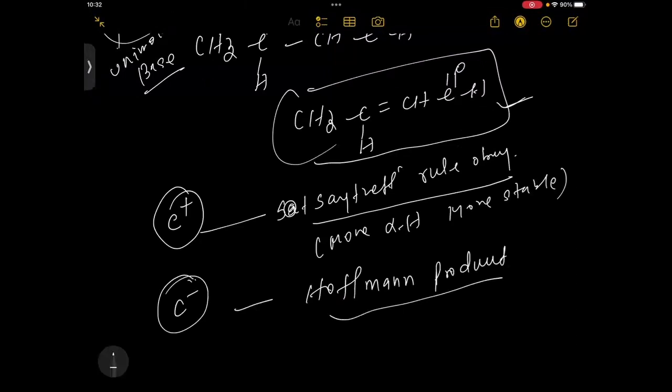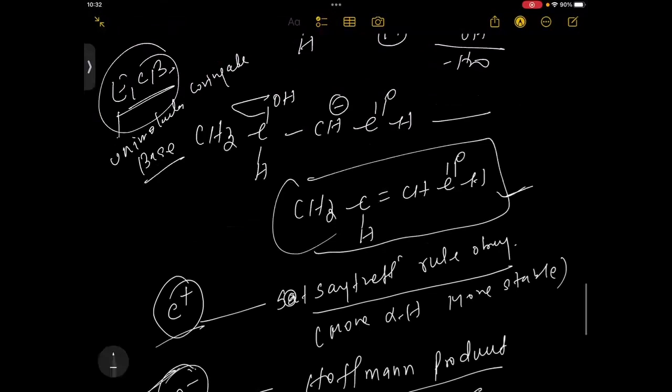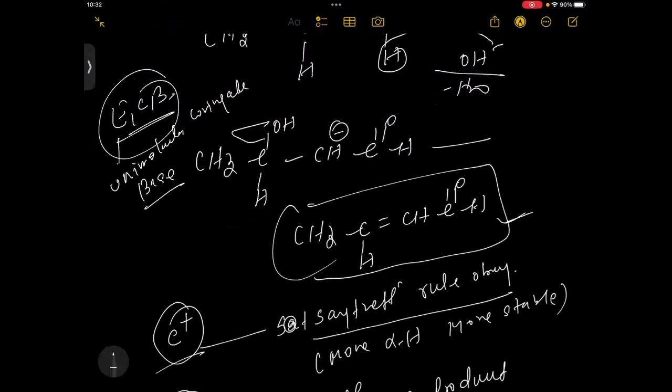With a carbocation, usually the Saytzeff rule applies. But with a carbanion, the Hofmann product will follow. That means fewer alpha hydrogens is more stable. That is the reason E1CB is applied there.